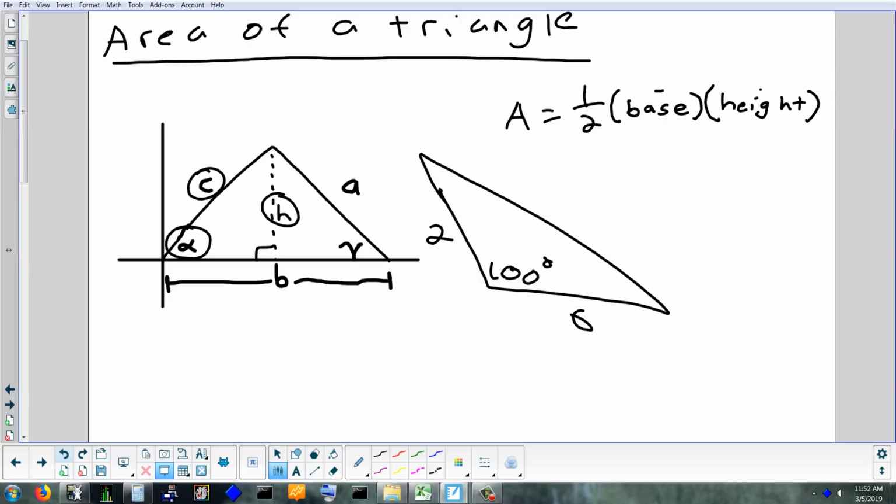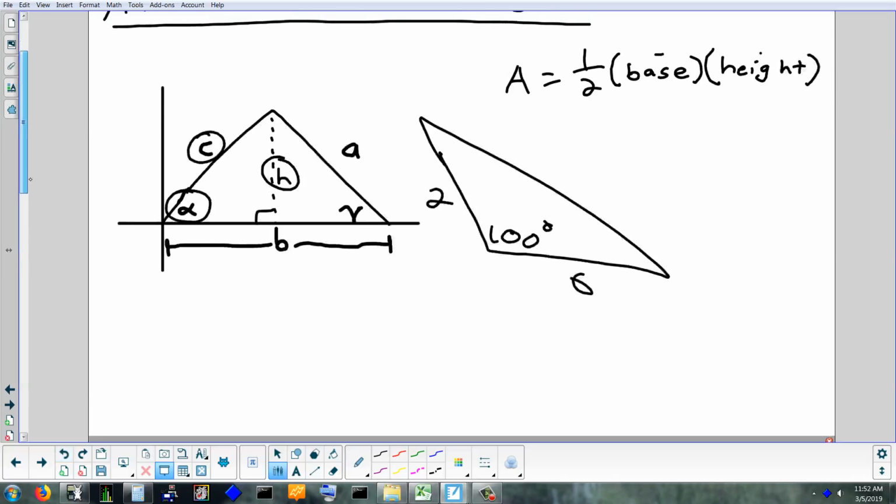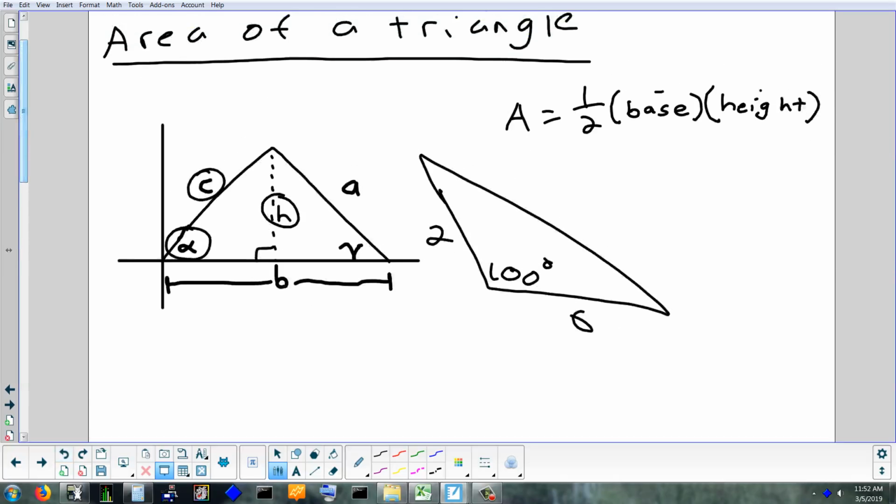Yeah? Side, side, angle. So what trig function would I use? Would I use sine, cosine, or tangent? Because this is a right triangle right here, right? We don't even need to worry about law of sines or law of cosines to find the height of that red triangle.